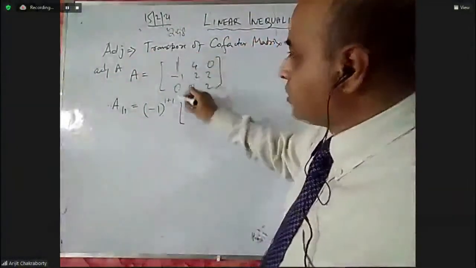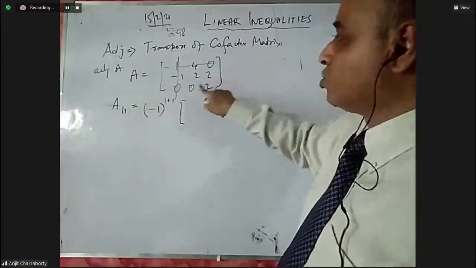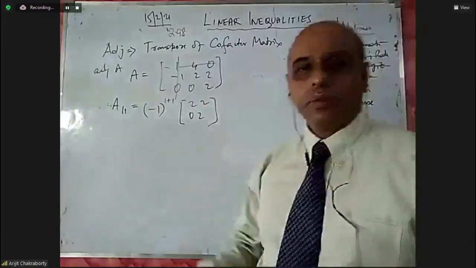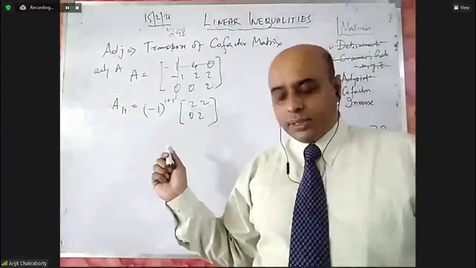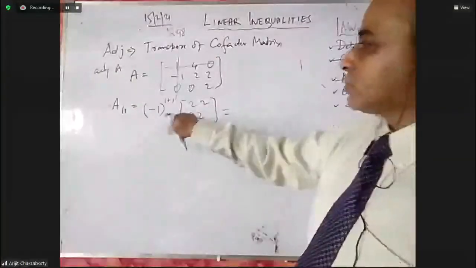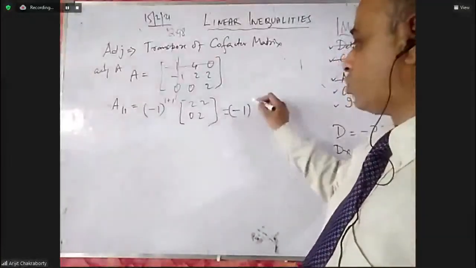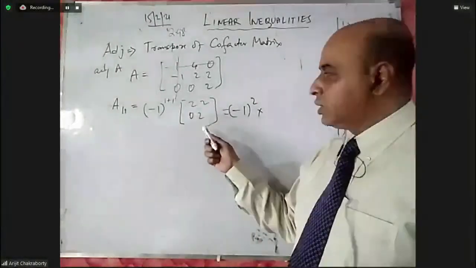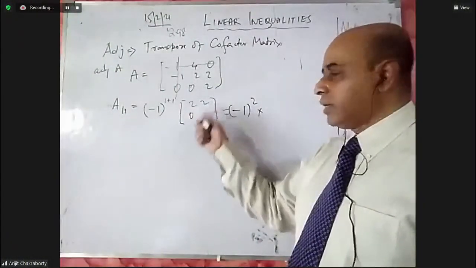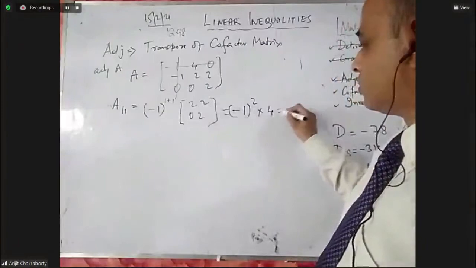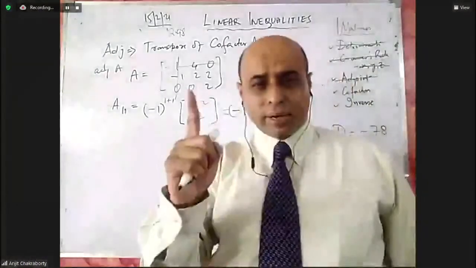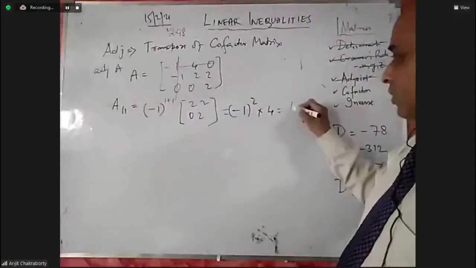I will block this 1 and 1. So 2 2 0 2. I'll find the determinant. So this is minus 1 square into 2 2 0 2. So it's how much? 2 2s are 4 minus 0. So 4 minus 0 is 4. Minus 1 square is plus 1. So plus 1 into 4 is plus 4.